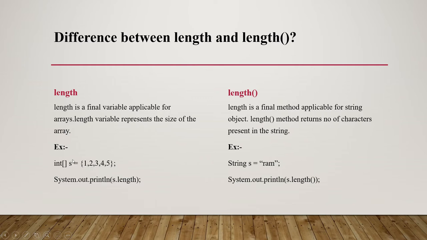By using this variable we represent this huge number of values, and if you want to print the length of this array, then we use the s.length variable. By using this we get the length of the s variable.